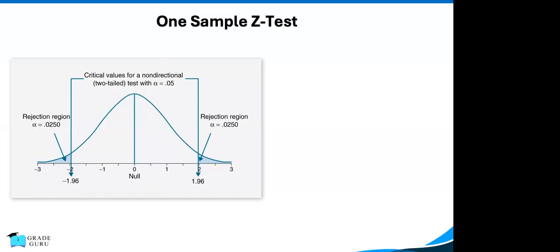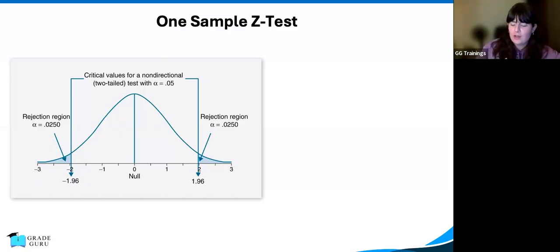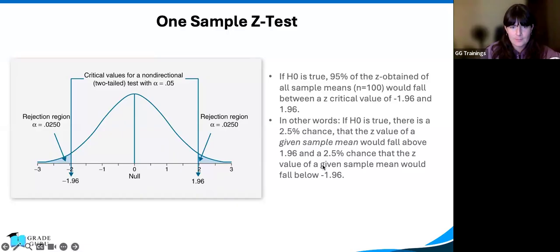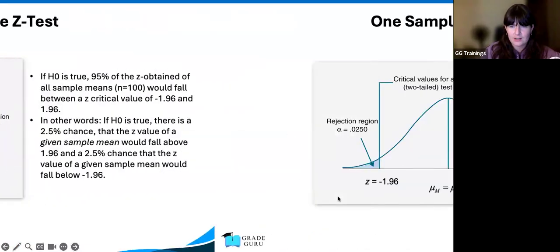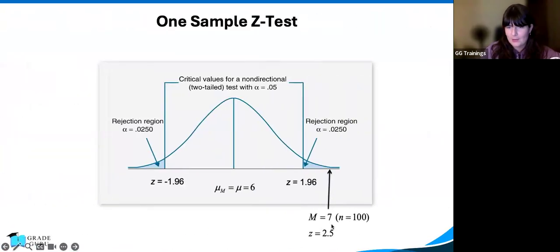Okay. Our sample mean for this example that we just did was 7, right? We were trying to figure out where 7 falls on this. Here we go, M equals 7. The old population mean of 6 was in the center, and we found the sample mean of 7 sitting all the way out here inside the rejection region.